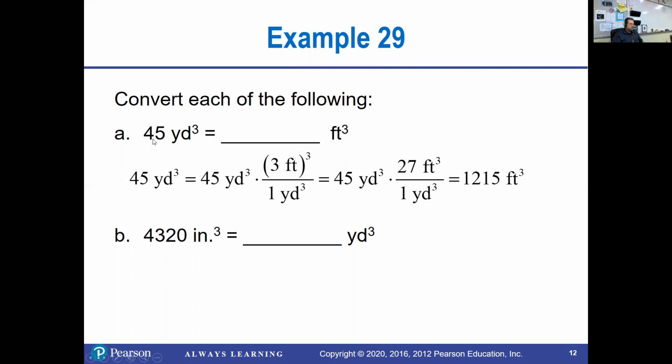So you would take the 45 cubic yards and multiply by 27 feet cubed and get 1,215 feet cubed.